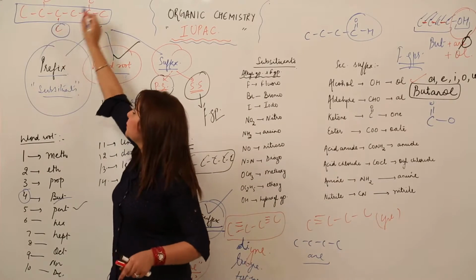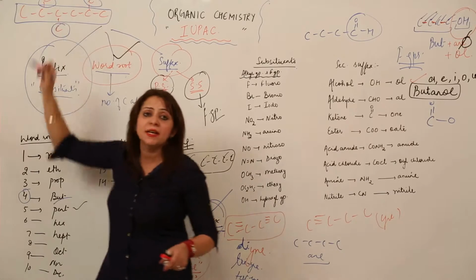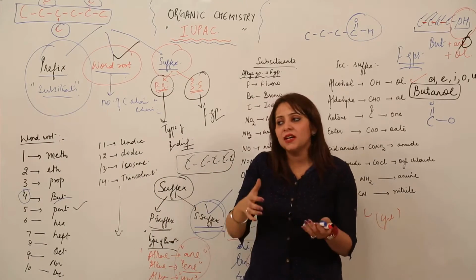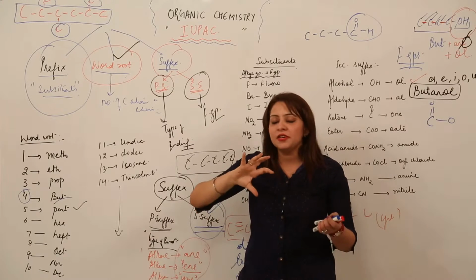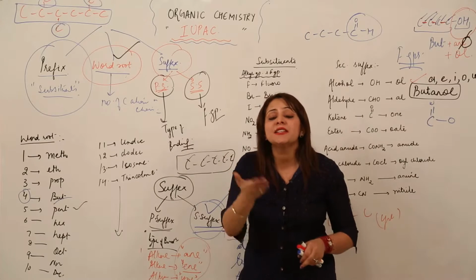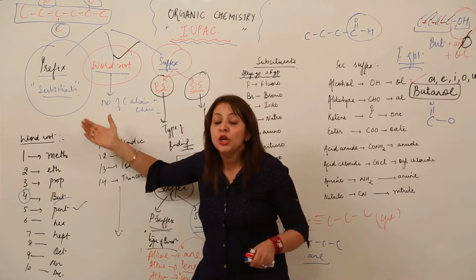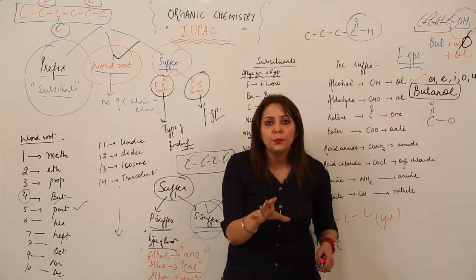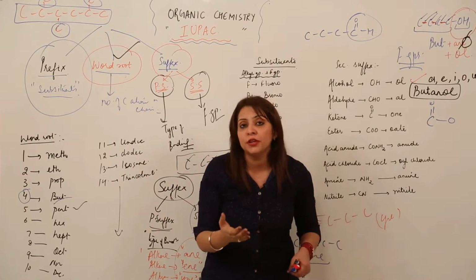So this is a substituent, this is a substituent, this is a substituent. Anything that remains behind after selecting the parent chain is considered a substituent, right? A substituent can be a carbon atom, or you can say an alkyl group, and it can also be a functional group.